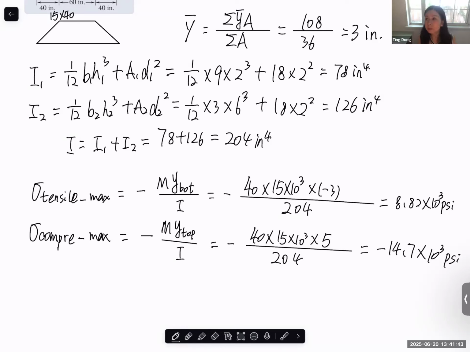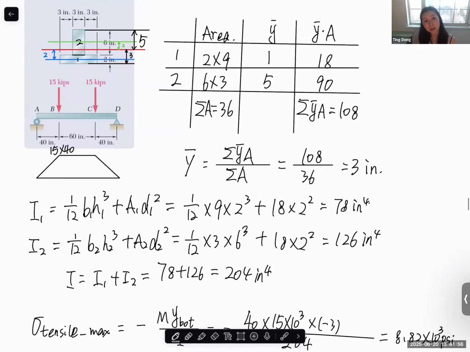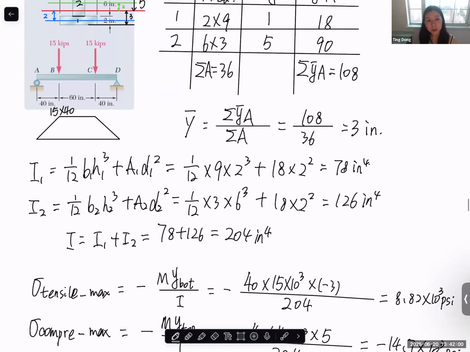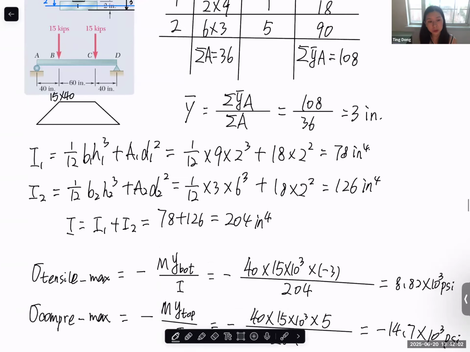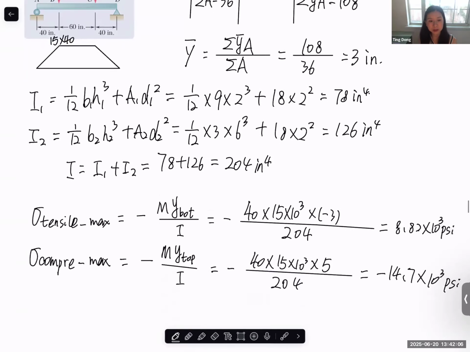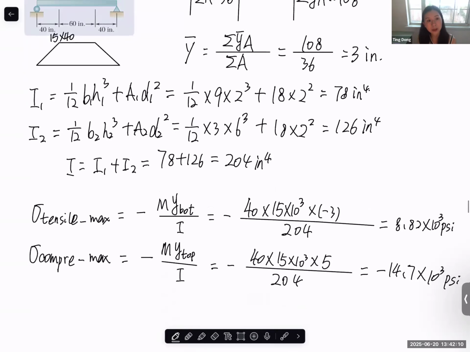Any question? So in this example problem, we practiced how to find a centroid, which is the location of the neutral surface. We used the parallel axis theorem to find the moment of inertia of the entire cross section, and then we practiced how to use negative sigma equal to negative My over I to calculate the maximum compressive stress and the maximum tensile stress.